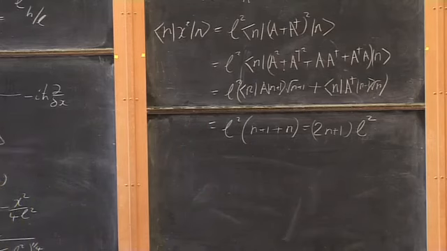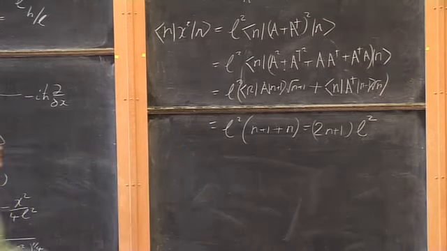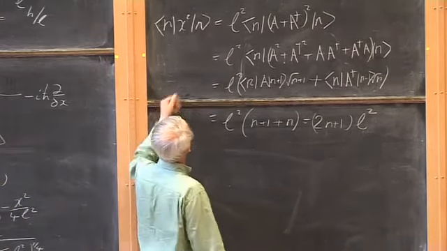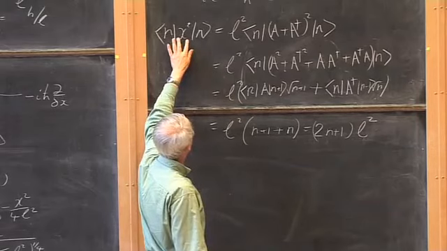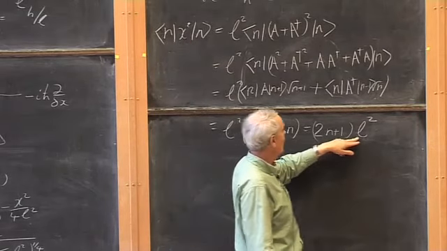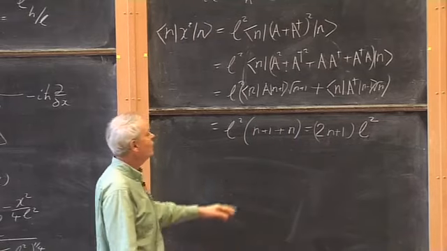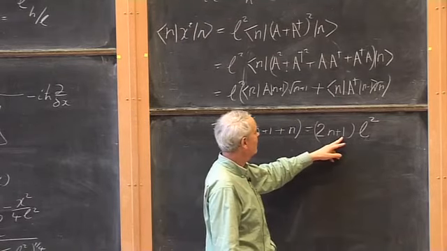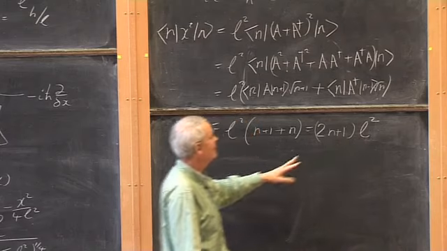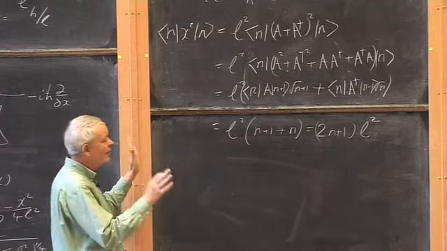So my time is up. We've discovered something interesting, which is that the expectation value of x squared is 2n plus 1 L squared. We already knew, I think, about it, in a certain sense. Yes, we did. We knew it for the ground state, n equals 0.